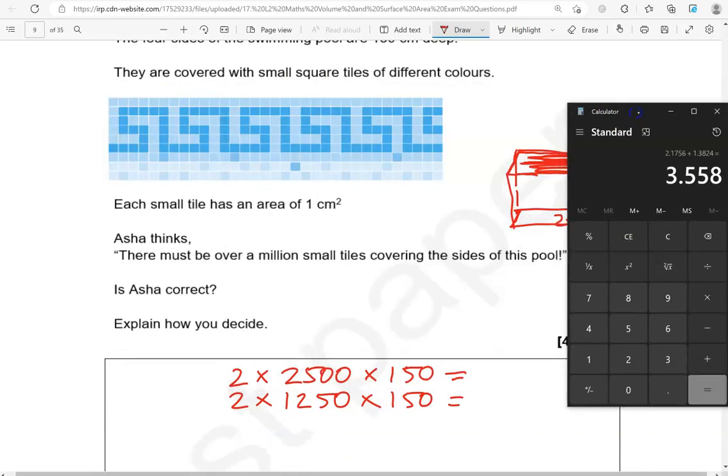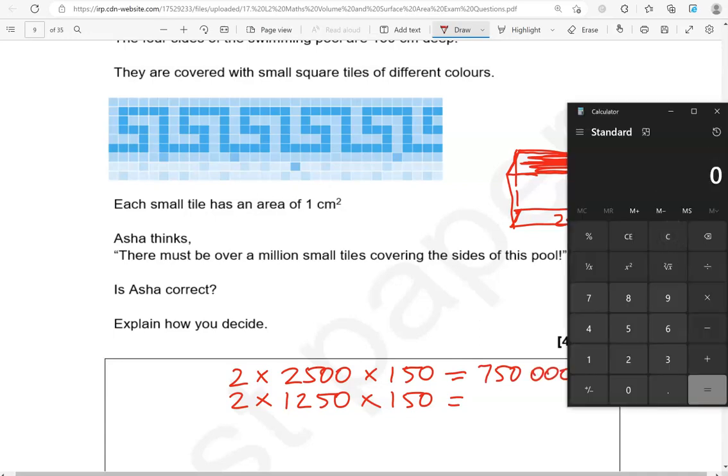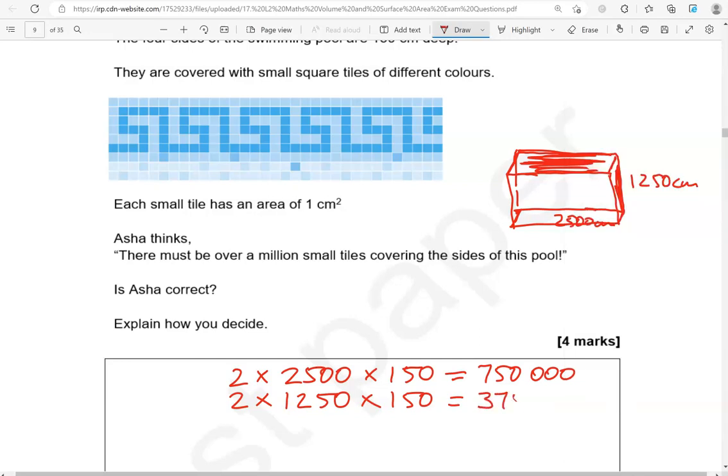So using a calculator, I do 2 times 2,500 times 150, which is 750,000, and 2 times 1,250 times 150 is 375,000. That's square centimeters.